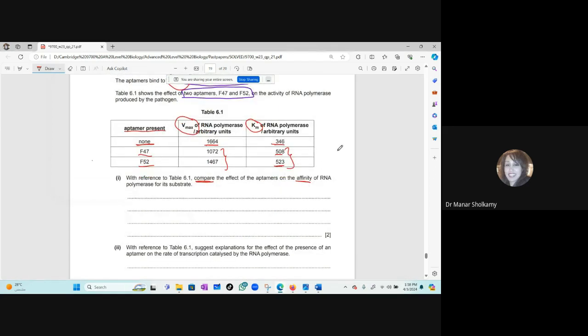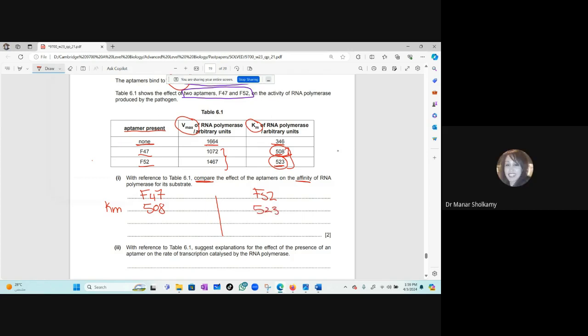I will compare. I can make a nice line here, and I can look at the F47 inhibitor and the F52. What is the Michaelis constant in the F47? Noor, wake up with me. 508. What is the Michaelis constant in F52? 523. Good.